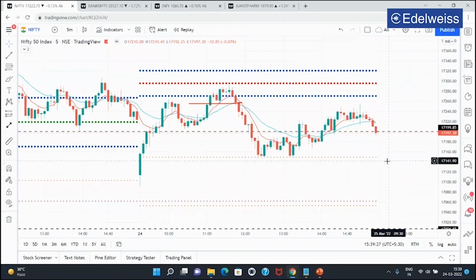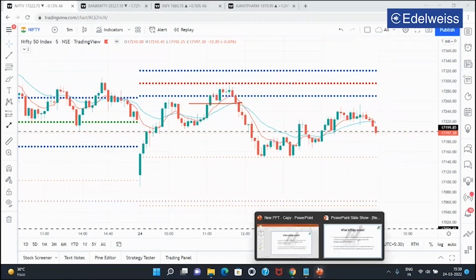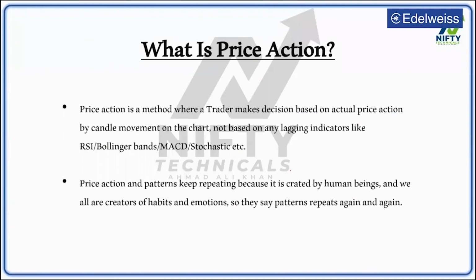Okay, fine. So I'll be sharing two setups. One thing is very important: price action patterns keep repeating. Why? The other day I gave an example. Suppose I am driving in the rain at high speed and there is a steep turn.